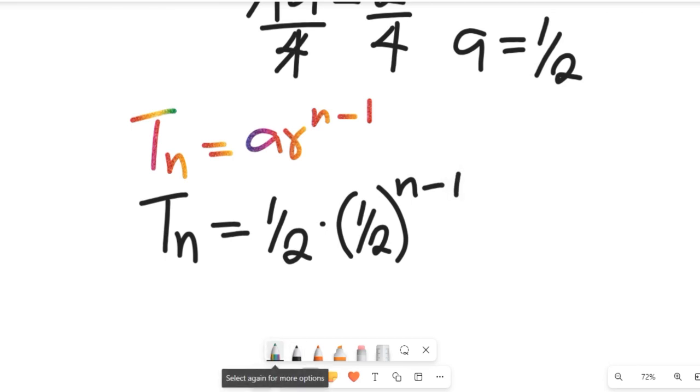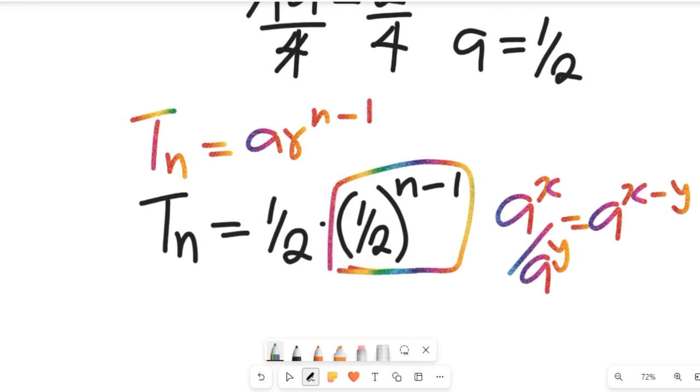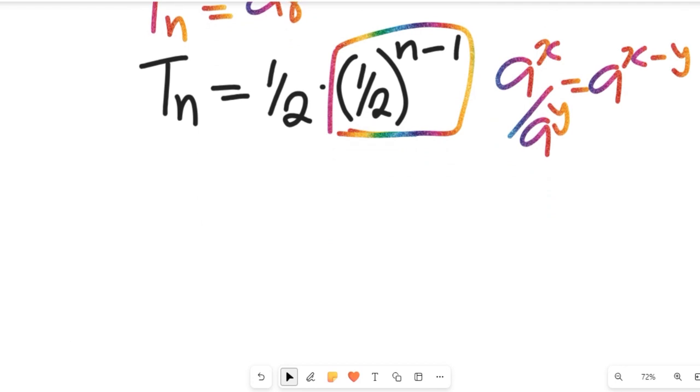Now remember a law of indices, that if you have a to the power of x divided by a to the power of y, this is equal to a to the power of x minus y. So this expression can be expressed that same way.